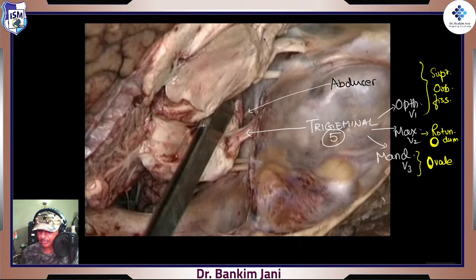This is abducent, number 6. Now this is such a small passenger. So it will say, okay, no worries. As the trigeminal is going through the superior orbital fissure, I'll accompany her. So this becomes another passenger for the superior orbital fissure. So that is how they go.